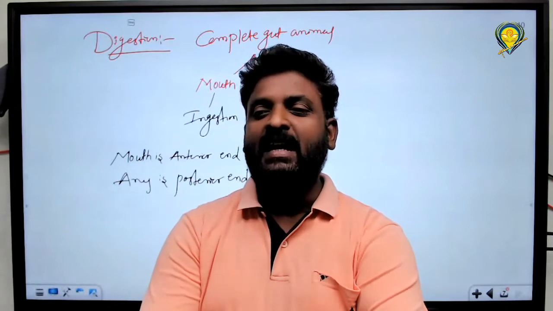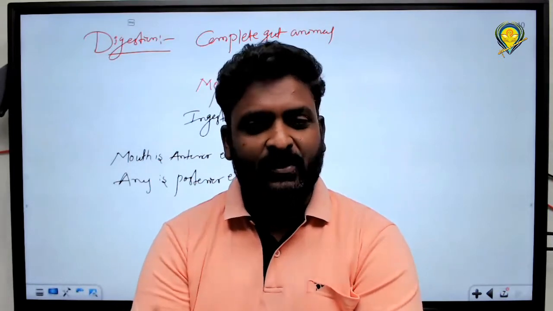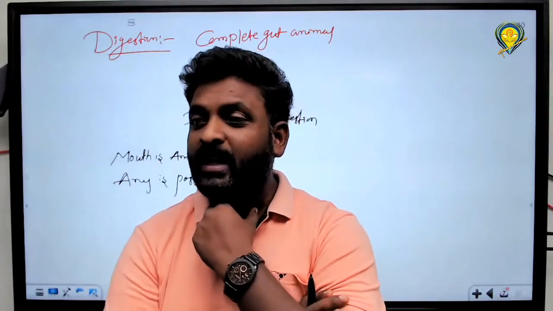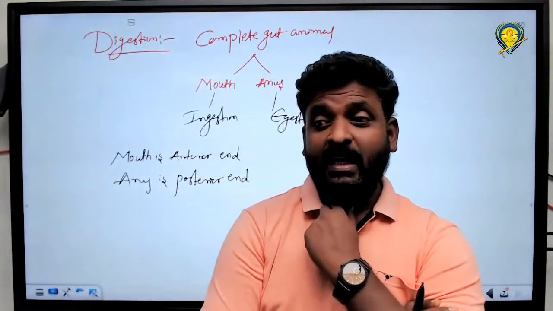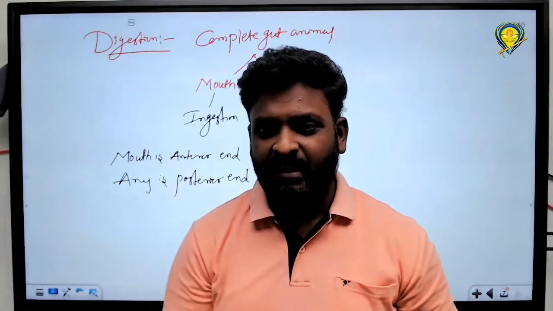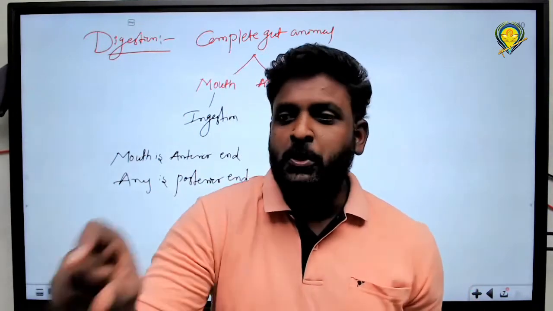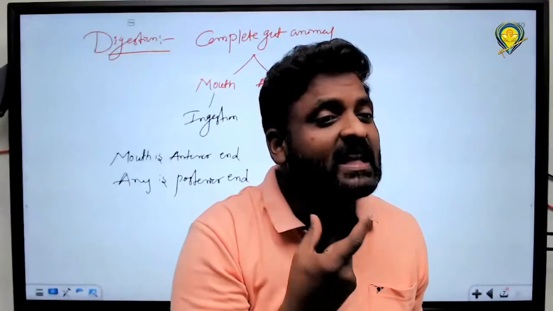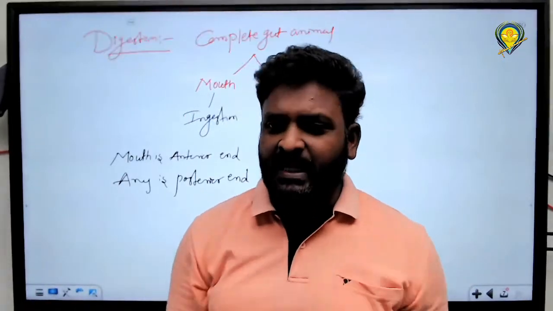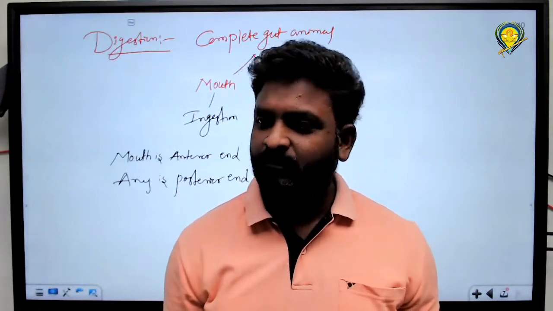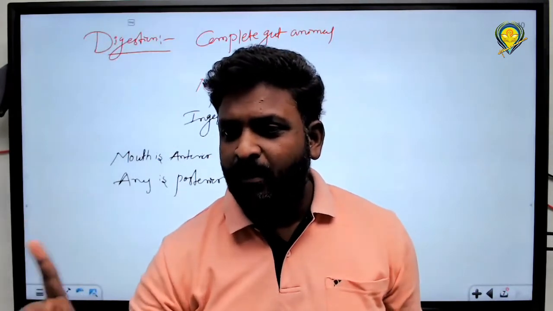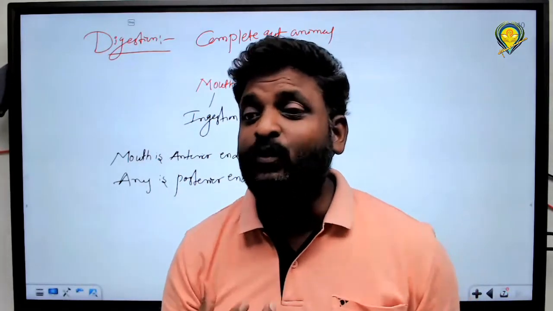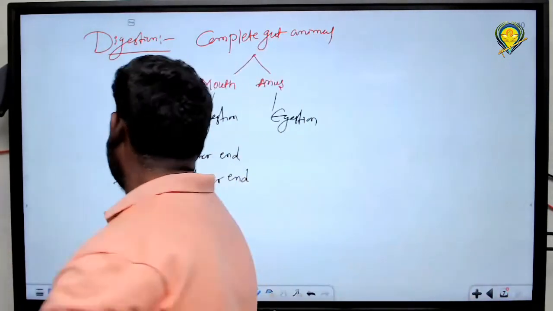Muscular pharynx is the characteristic feature of what? SKRM, right? With the help of the pharynx, they can suck and get nutrients from the host. Got it? Hence it should be strong and muscular. But the intestine is not muscular. The intestine is non-muscular, but the pharynx is muscular. Please write it.